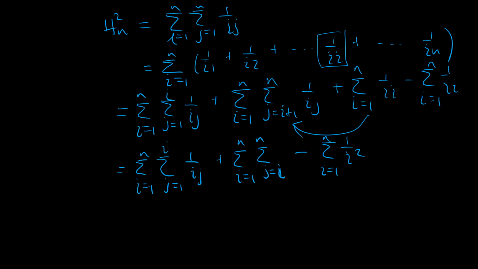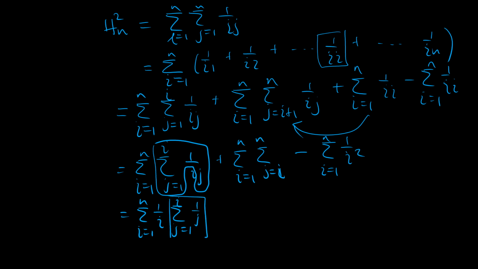Now what do we do next? If we look at this part, we can say this is the same as the sum from i equals 1 to n of 1 over i, and the sum of 1 over j, and this part here is the same as harmonic to the i, right?